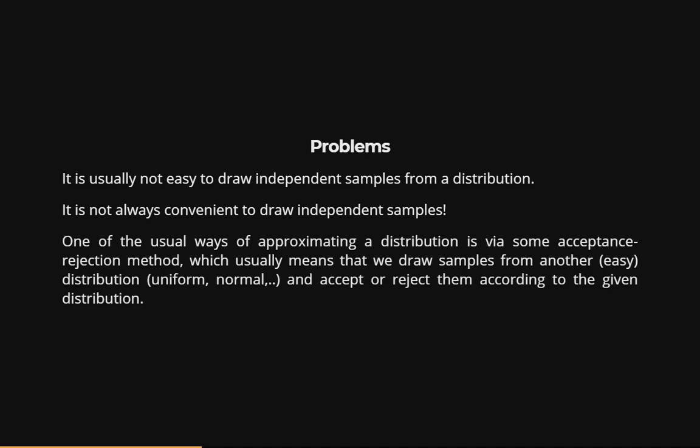For example, one of the main ways to approximate the distribution is to draw samples from another easy distribution and then accept or reject the sample depending on the value of the distribution we want to approximate.